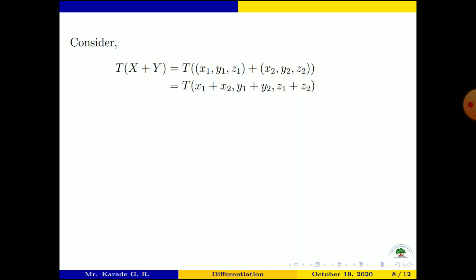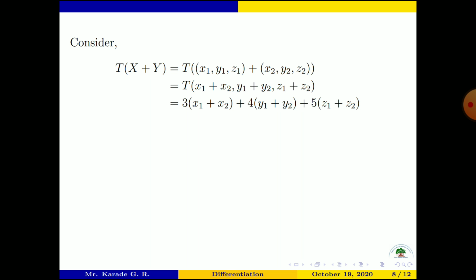This means 3 times the first component plus 4 times the second component plus 5 times the third component. So we write the same definition for this vector: 3 times (x1 plus x2) plus 4 times (y1 plus y2) plus 5 times (z1 plus z2).